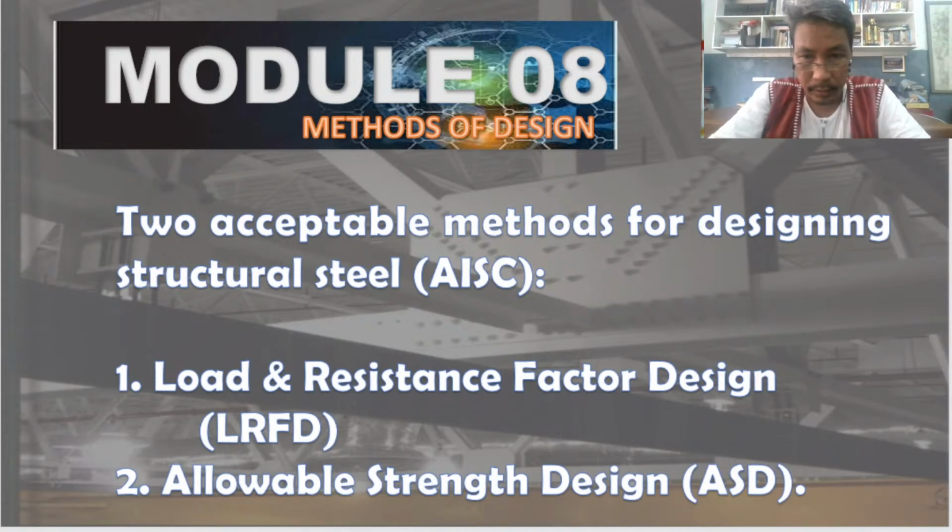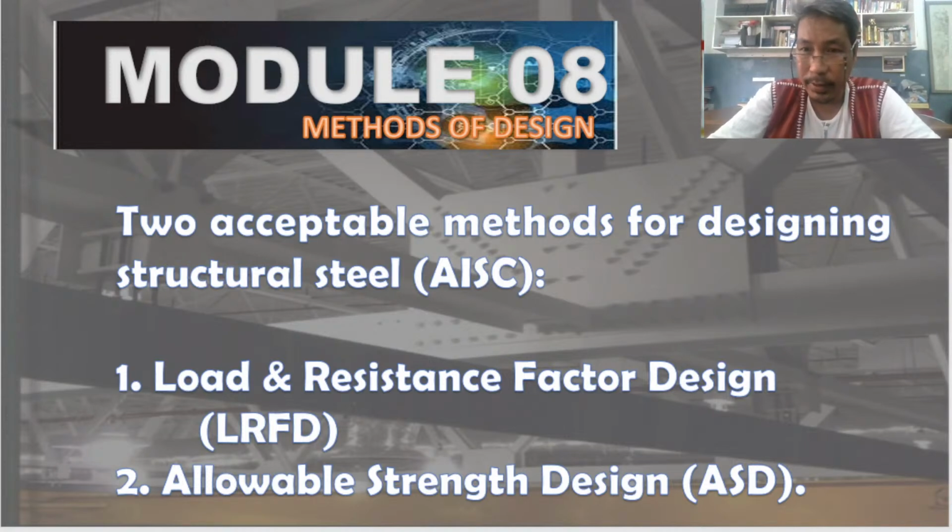Okay, so now we are going to describe methods of design. There are two acceptable methods for designing structural steel according to the code, according to AISC. AISC 360, and we are now on the update 2016. That is my latest copy.